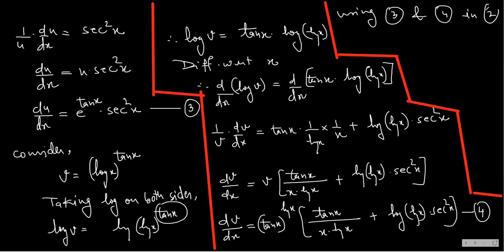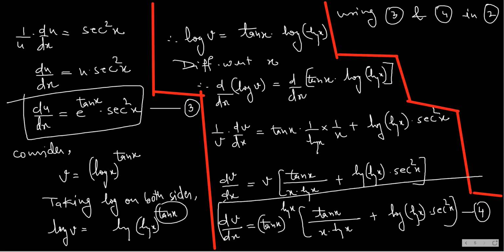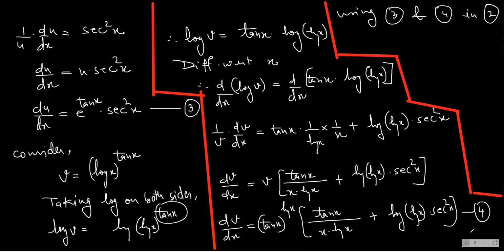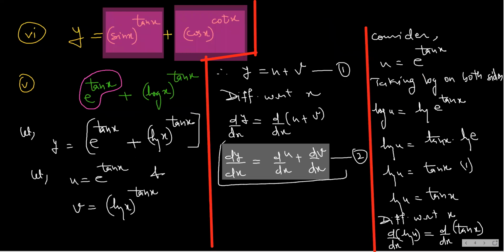What I mean is, I got du by dx, I got dv by dx. I substitute these two in equation 2. What is that? dy by dx is du by dx plus dv by dx. You just have to add them, and that will be your final answer.